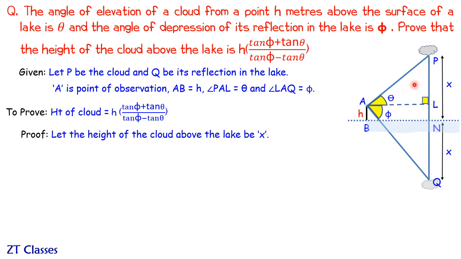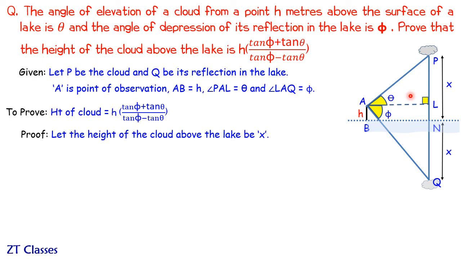In this triangle we'll find the value of AL in terms of theta and x minus h. In the same way, the second triangle we'll use is triangle ALQ. Now in this triangle ALQ, QL is given as x plus h, and AL is unknown.